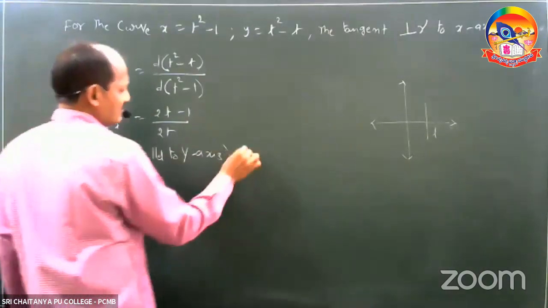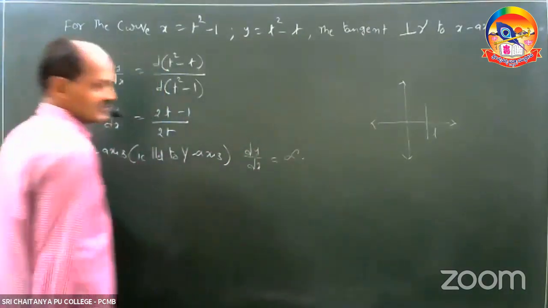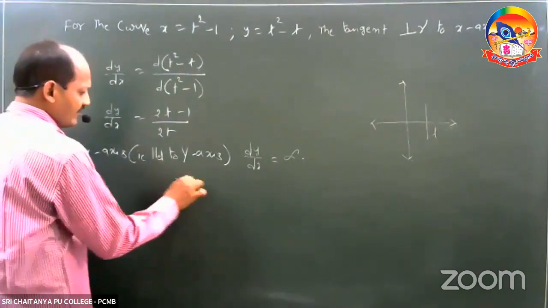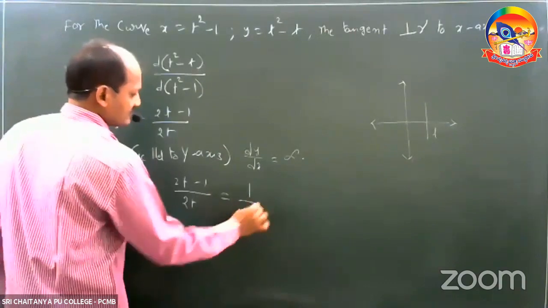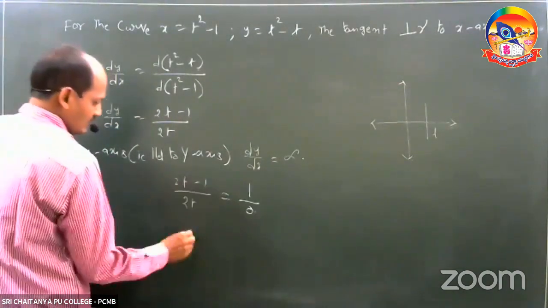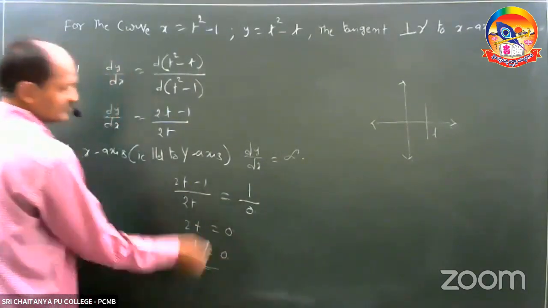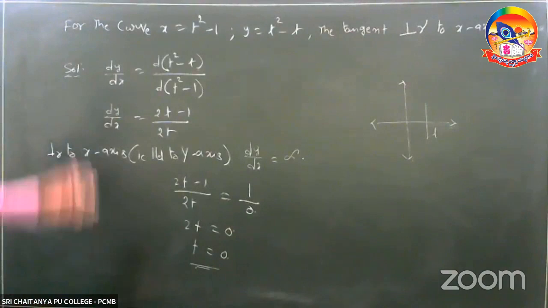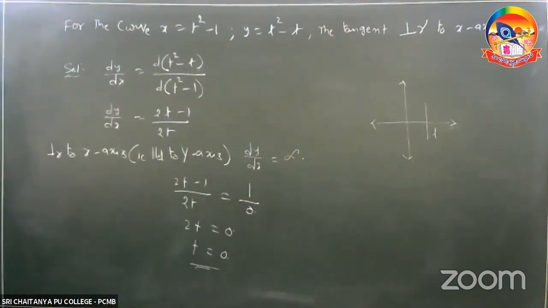Parallel to y-axis means slope is not defined. That means 2t minus 1 divided by 2t is equal to infinity, that is anything by 0. By cross multiplication, we get 2t is equal to 0. We get t is equal to 0. Okay, this tangent is perpendicular to the x-axis when t is equal to 0.